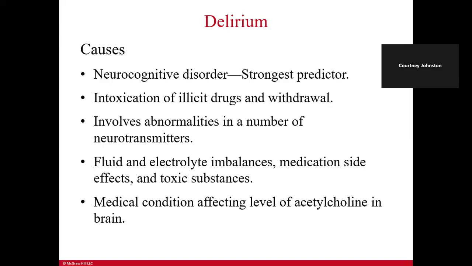So some of the causes of delirium may be a neurocognitive disorder. This could be the strongest predictor. Intoxication of drugs or the withdrawal, abnormalities in neurotransmitters, electrolyte imbalances, medication side effects, toxic substances. And again, there may be a medical condition affecting the level of acetylcholine in the brain as well.